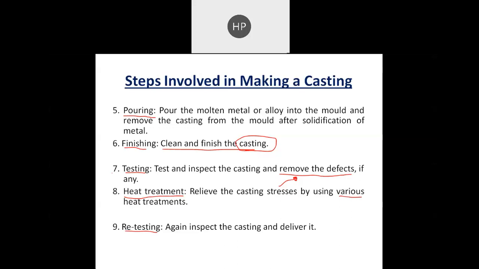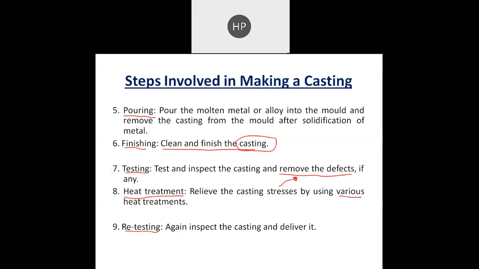Inside the hollow cavity, we pour the molten metal and then allow it to solidify, and after it solidifies, we remove the solidified product from the mold, and that solidified product is termed a casting. Then cleaning and finishing. We remove the sand particles and its surface is ground so that it has a good outer surface finish.